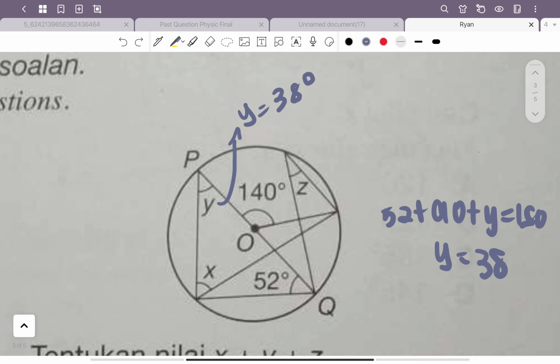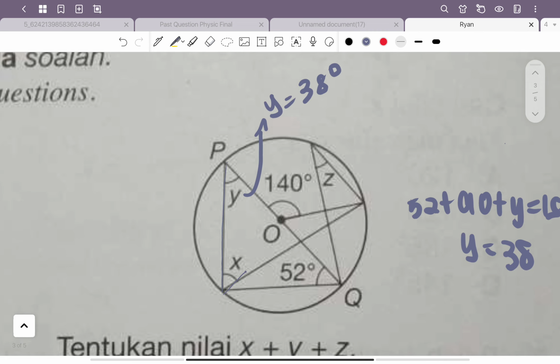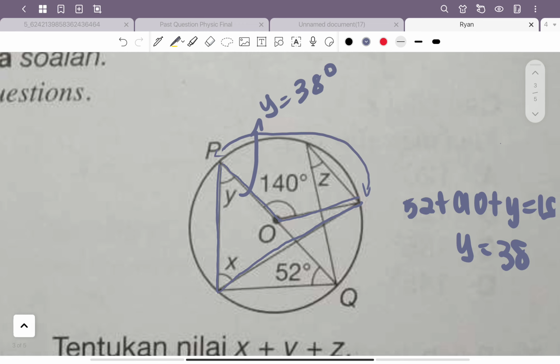So you notice that this one is connected to this one, right? You have one going through the midpoint and one going through the edge of the circle, and then you notice that both of these have the same minor arc.